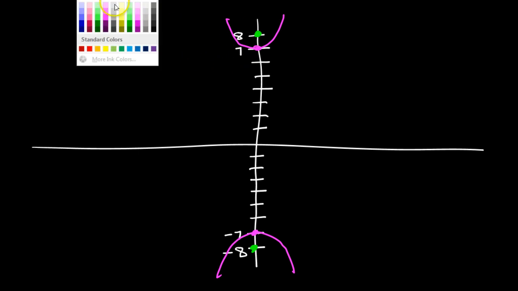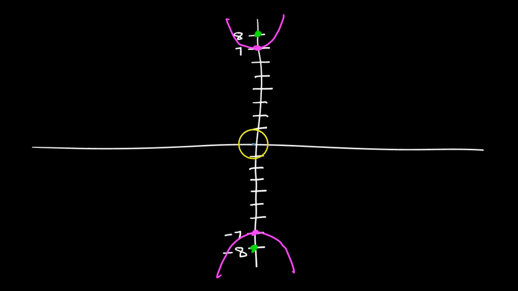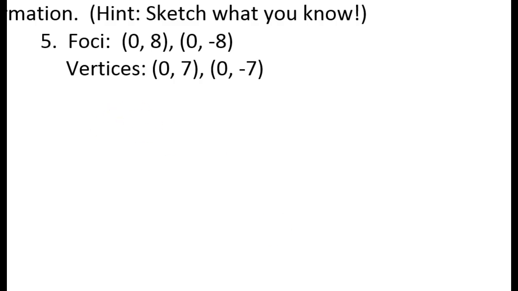So that tells me a couple of things. The center is 0, 0, because it has to be right in the middle. Because the center is 0, 0, I'm just going to have x squared and y squared. Because it's vertical, the y term is going to be first, because that's what always happens when the hyperbola is vertical.